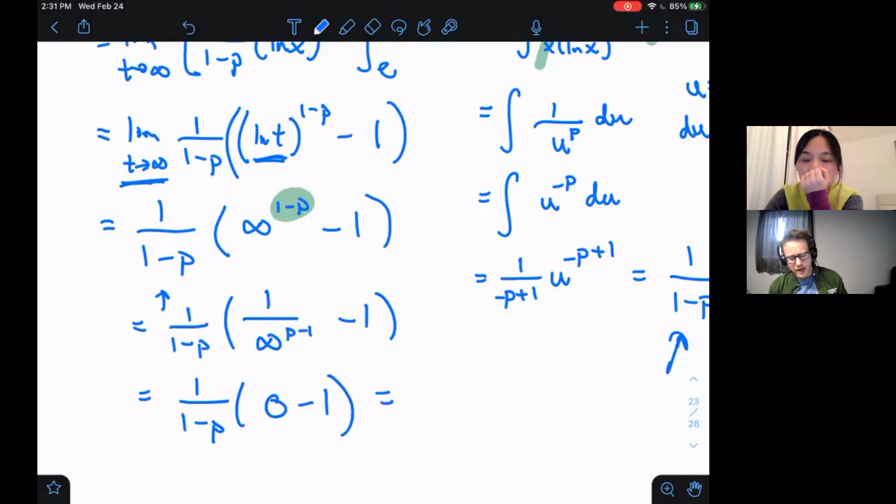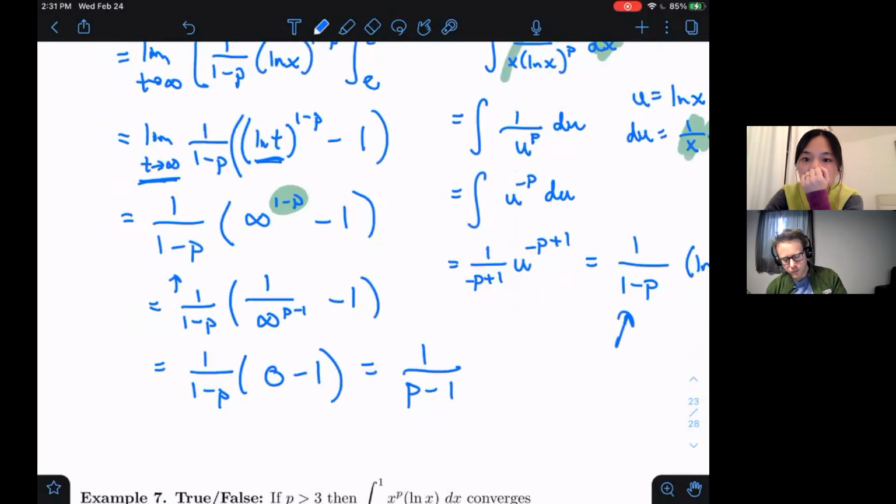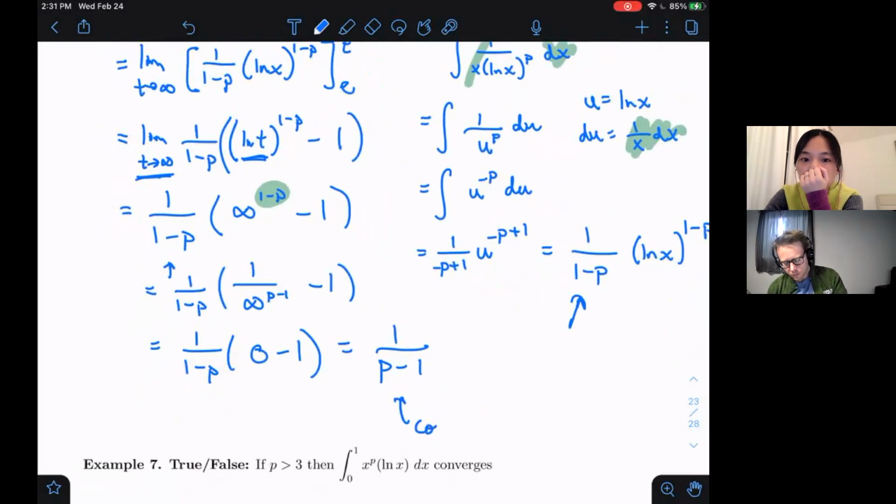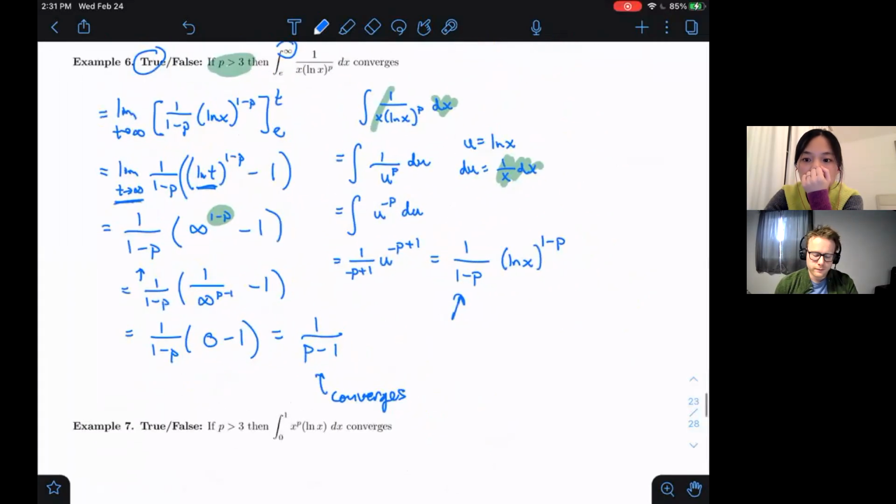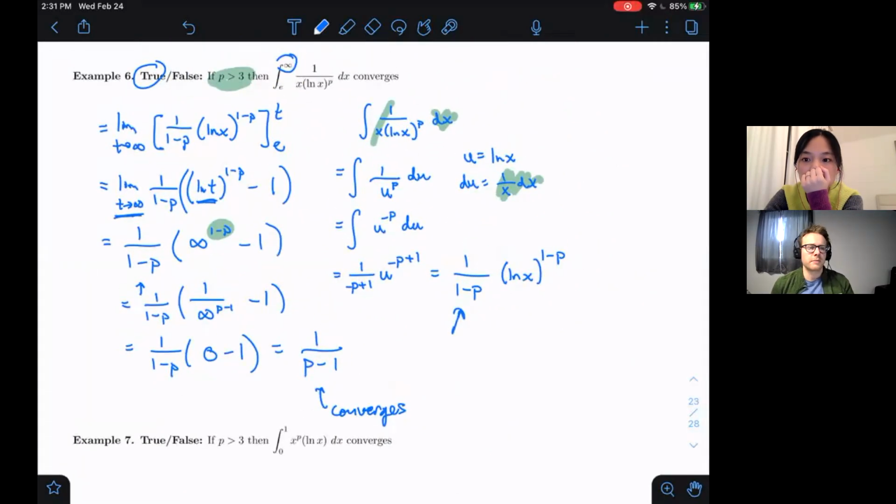And so this does actually converge. And moreover, we can say that it converges to 1 over p minus 1. So it converges, and better yet, we can say what it converges to. So this is a nice, interesting question here.